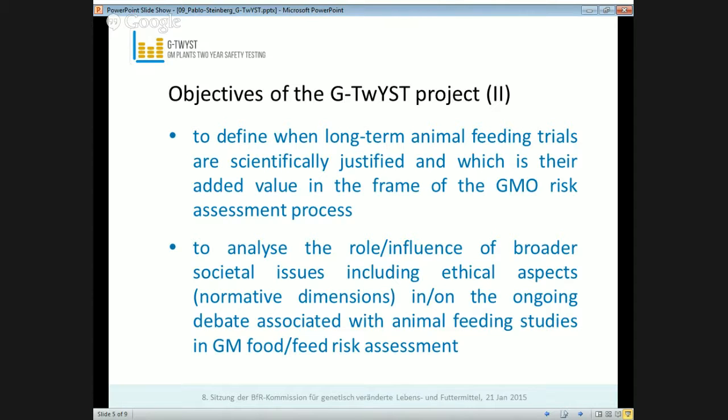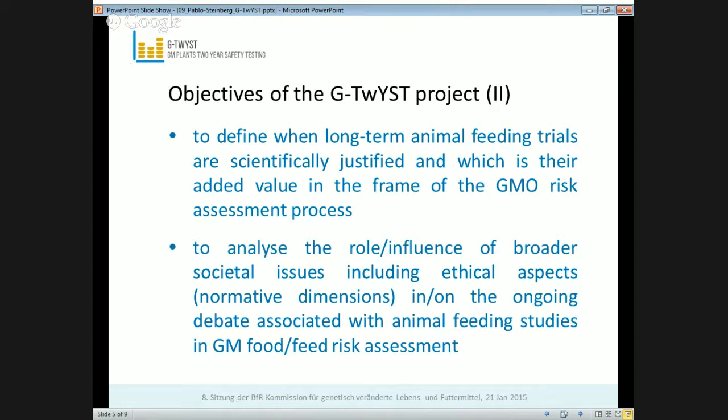And something which I do think is important, and this is not always discussed in detail, is that on the one side, we want to have total safety in the area of GMOs, but we don't tend to discuss much the question of, if we're using, as in G-twist, I give you a number, between 1,000 and 1,100 rats to answer a certain question, then it is an important issue to think of the scientific justification of such a study, the added value of such a study, and what happens with the animals.